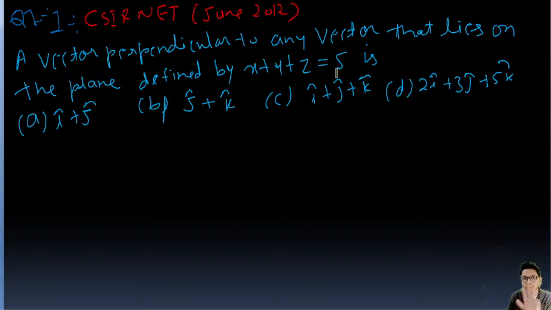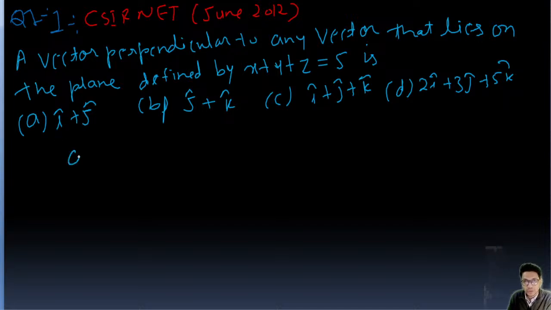So we need to find a vector which is perpendicular to this plane. In the last class we have already studied the gradient and its physical significance. So we'll use that and solve this question. The physical meaning of gradient of phi is the perpendicular to the level surface or plane.